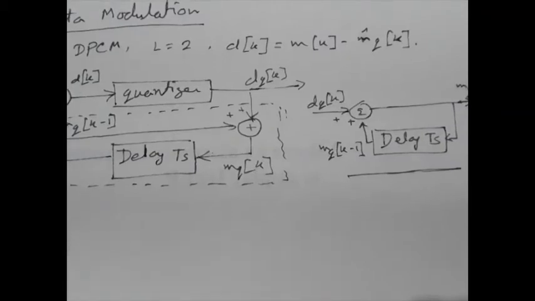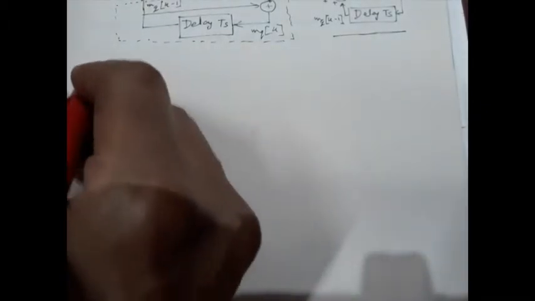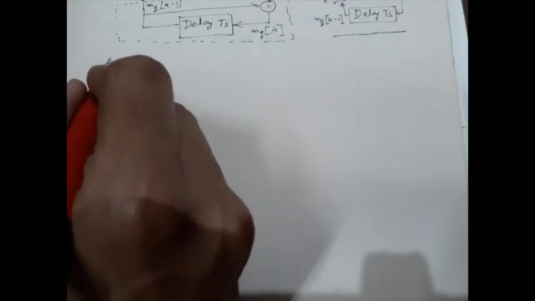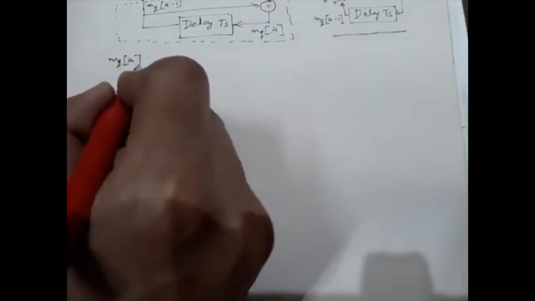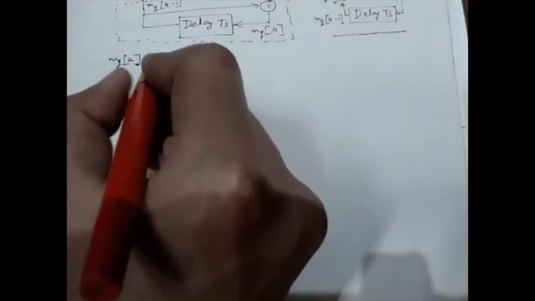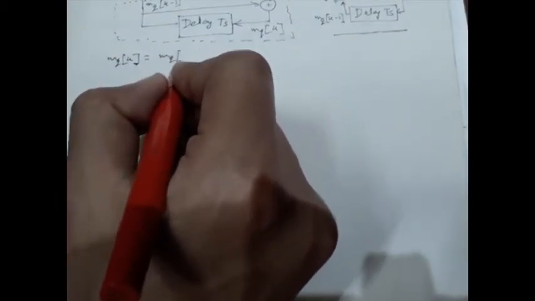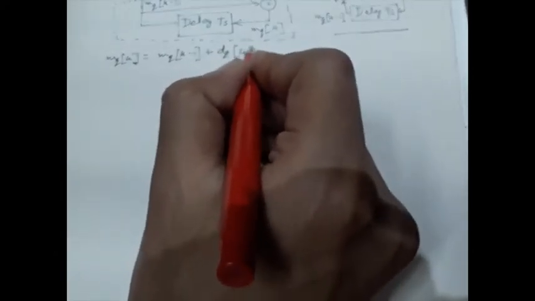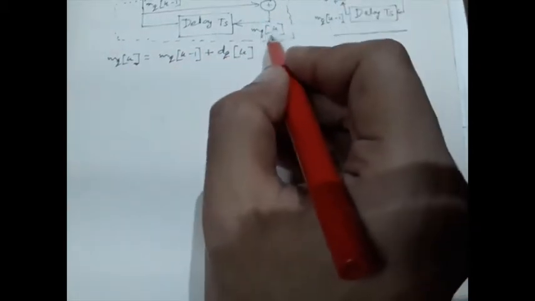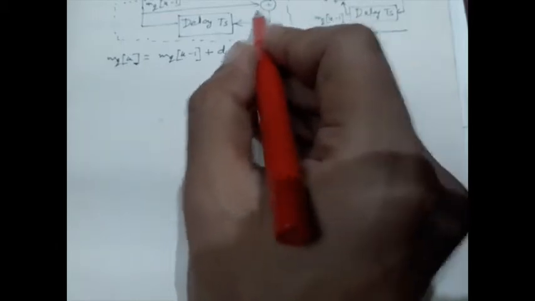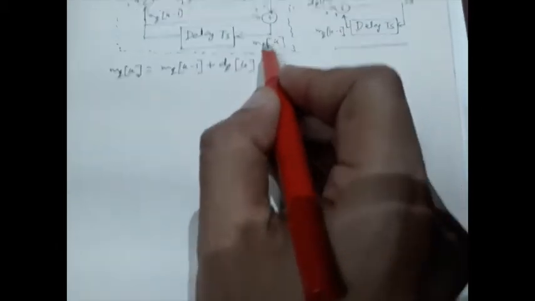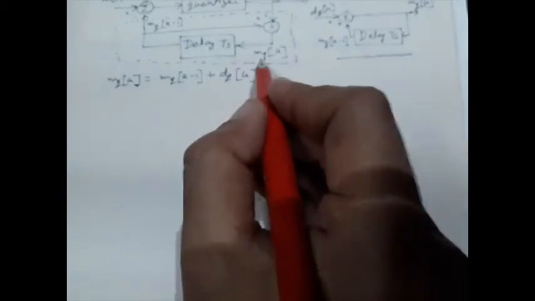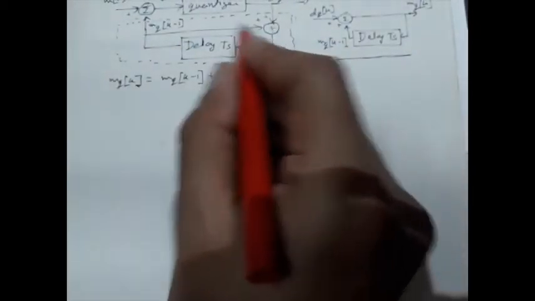Now we have already analyzed the DPCM, and from that analysis, instead of going to the details of that, here in this portion mqk is nothing but the addition of mqk minus 1 and dqk, right?